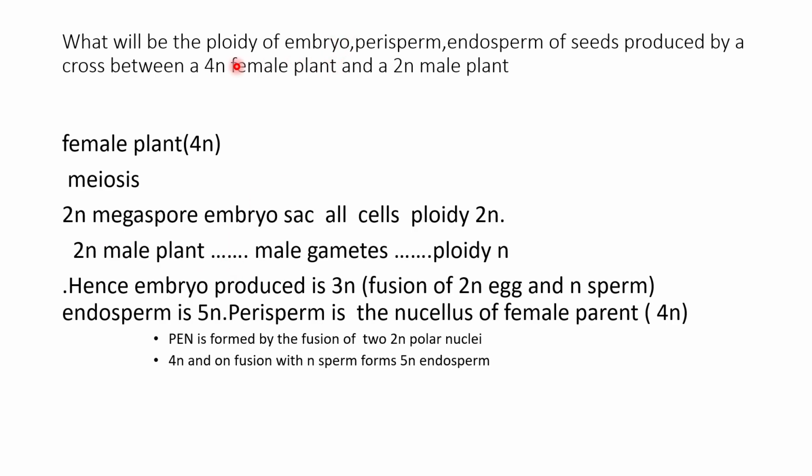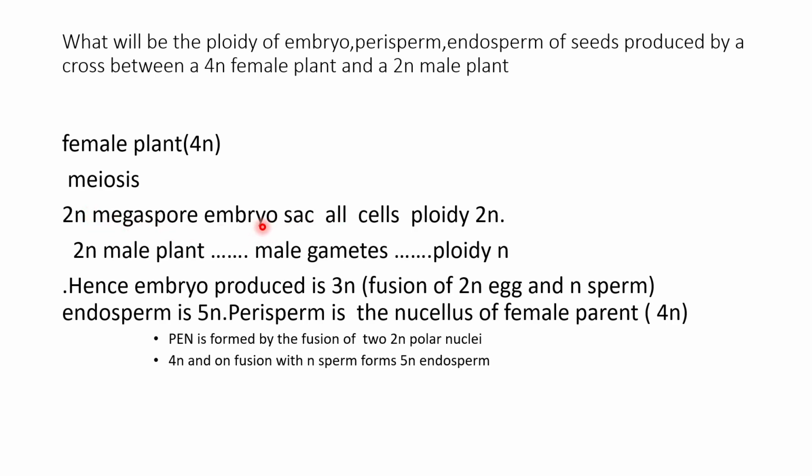So, when these two are crossed, let us say in the first case when meiosis takes place, that is reduction division, the chromosome number will get reduced to half. So 4N of the female will become 2N. Yes, the megaspore will be 2N here after meiotic division.